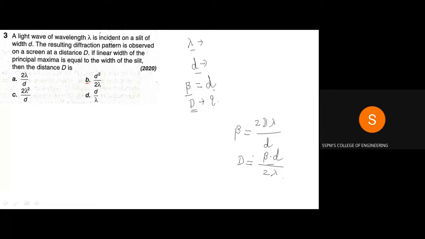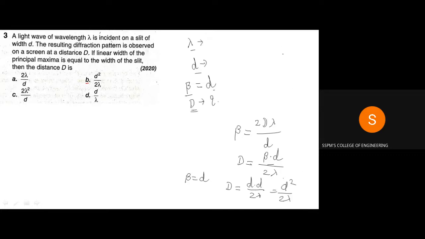Okay. Here, what is given? Beta equals d. That is the condition given. Beta equals d. Okay. So substitute that. So D equals beta, which is substituted by d, into d upon 2 lambda. That is simply d square upon 2 lambda. Okay. Option आहे का बघा?